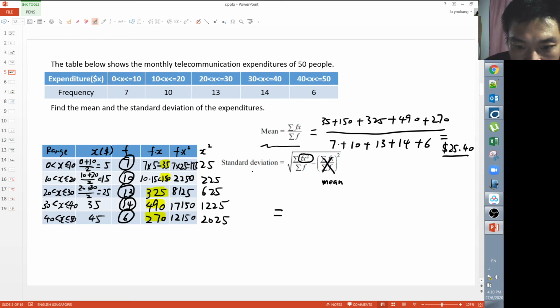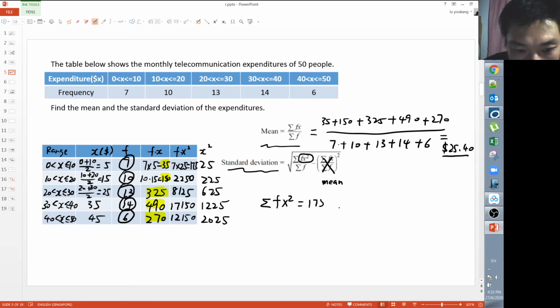So your standard deviation formula is the summation of your fx squared. Or if you want to use a few steps to do it, you can actually do this first. And now what is the summation of fx squared first?